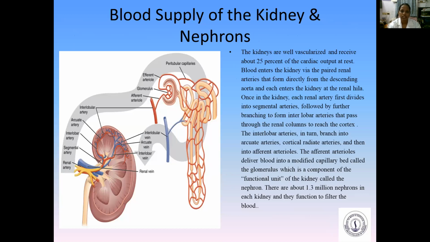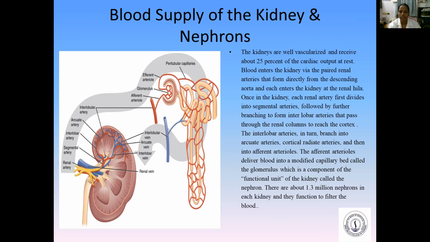So blood supply of the kidneys and nephrons. The kidneys are well vascularized and receive about 25% of the cardiac output at rest. Blood enters the kidney via the paired renal arteries that form directly from the descending aorta, and each enters the kidney at the renal hilum.